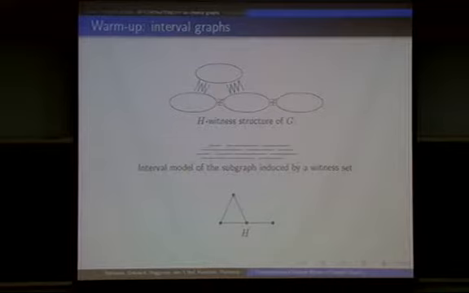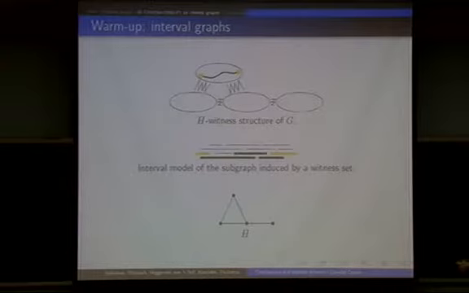Interval graphs are hereditary, so the subgraph induced by a witness set will be an interval graph. In particular it will have a leftmost interval and a rightmost one. These two intervals we call the boundary of the witness set. I mentioned earlier that every witness set is connected, so there must be a path between these two yellow vertices. Also the witness structure is a partition of the vertices, so every vertex must belong to a set.